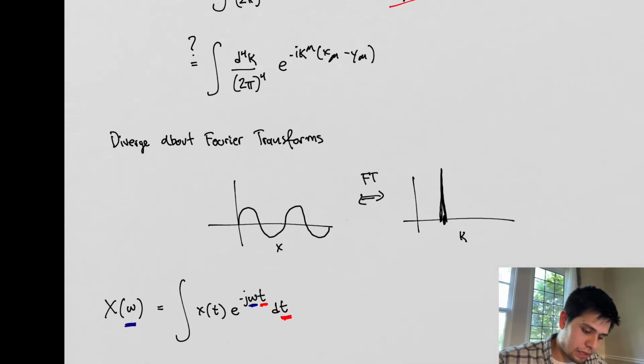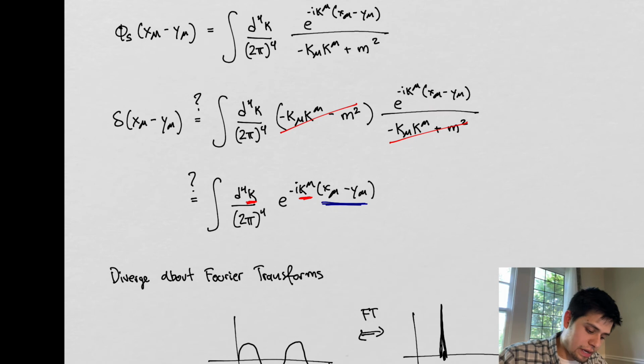Well, we can see the same exact thing right here. So here's our k, and here's what it's being multiplied by, and our argument right here.